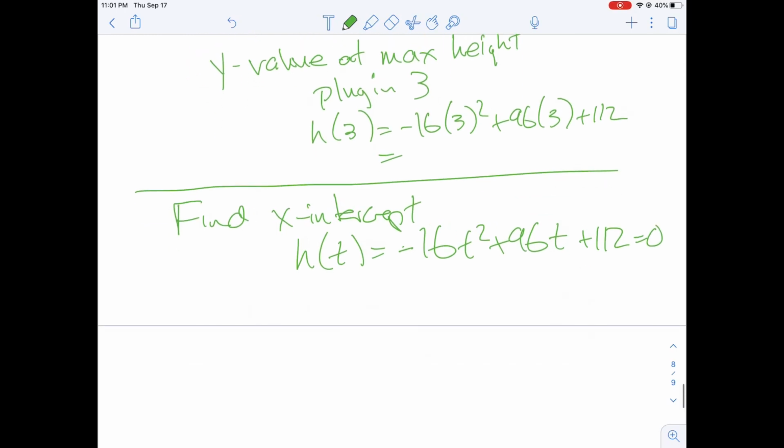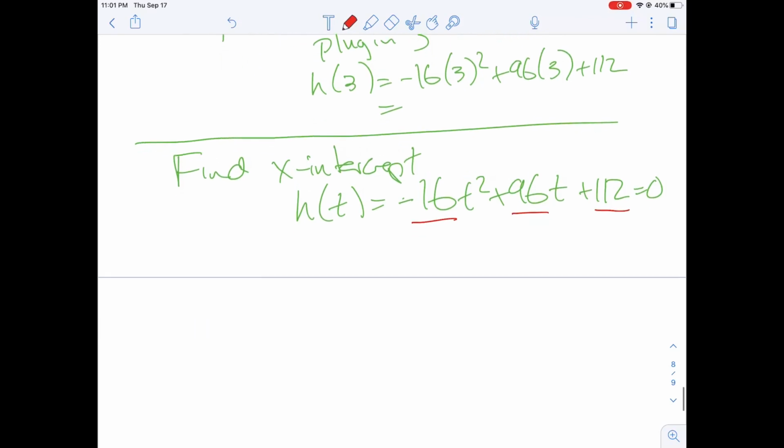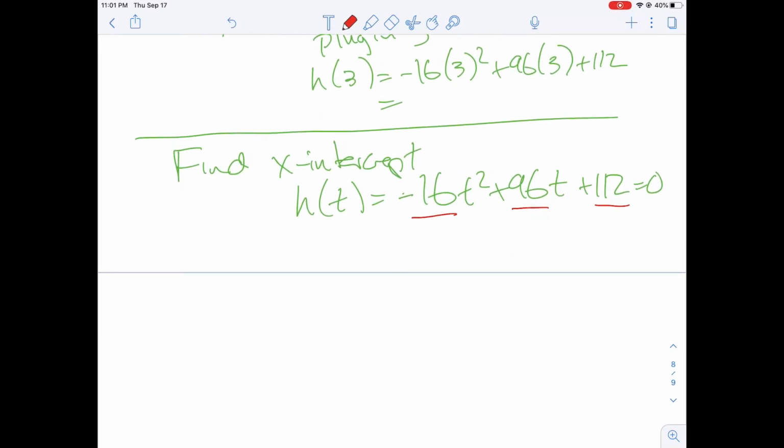You want to know when the height ends up being 0. And so how do you solve that? You need to factor or use the quadratic equation. But before you jump right in, if you've got large numbers or not very nice numbers, see if you can factor out something.